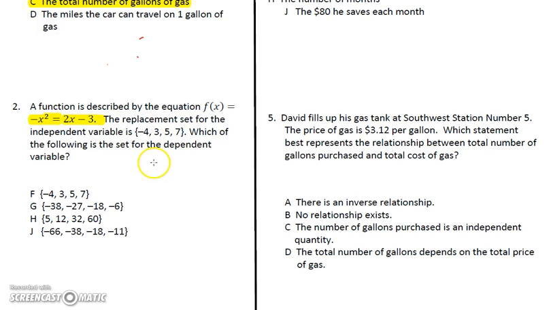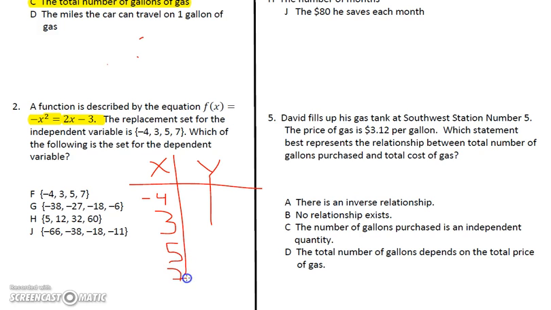So I notice that I have X and I have Y, and these are my values. And independent, who's independent, X or Y? Well, the X. So I'm going to put it here. I'm going to put -4, 3, 5, and 7.